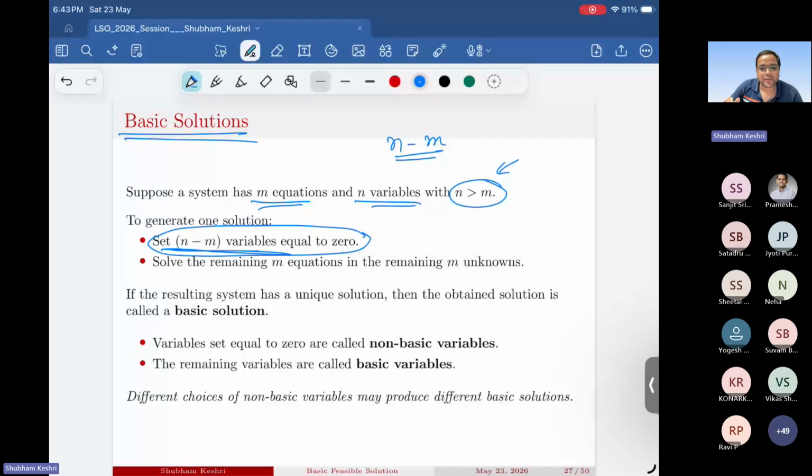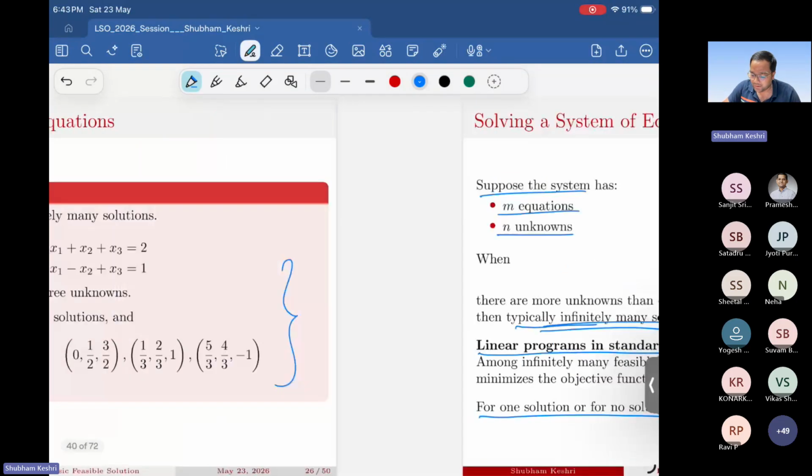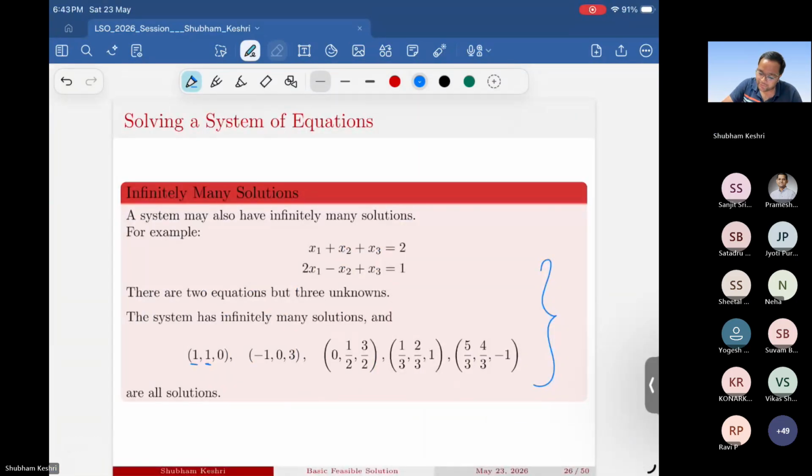Once we do that, we'll be able to solve those equations and obtain a unique solution. In this case, we had 3 unknowns and 2 equations. Once we set x3 as 0, we could obtain a unique solution (1, 1, 0). Once we fixed the value of x2 as 0 in this case, we obtain a unique solution: x1 as -1, x3 as 3, and x2 as 0. Again, once we put x1 as 0, we obtain this solution.